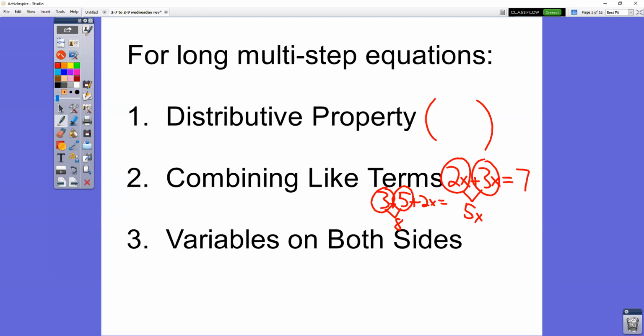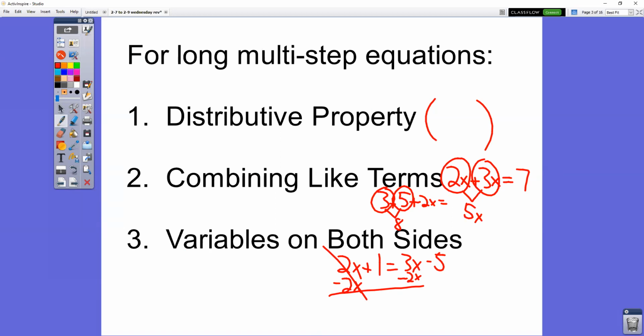The last thing that you need to do is variables on both sides. So this is where you have a letter on one side and a letter on another side. You want to get all the letters onto one side first by adding or subtracting them. I would always work with the smaller of the two letters. You get rid of a positive by doing minus. You get rid of a negative by doing plus.